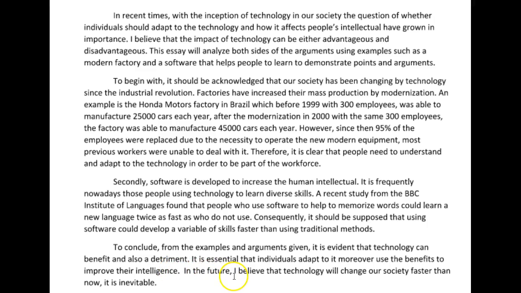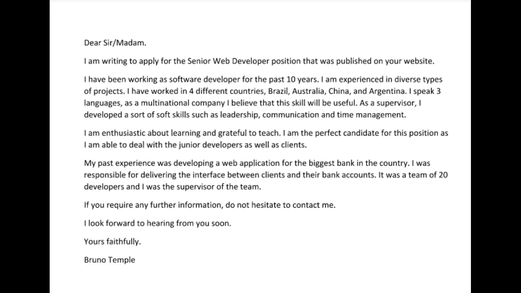In the future, I believe that technology will change our society ever faster, or I believe that it is inevitable that technology will change our society ever faster. Would be better. And now the job application letter.